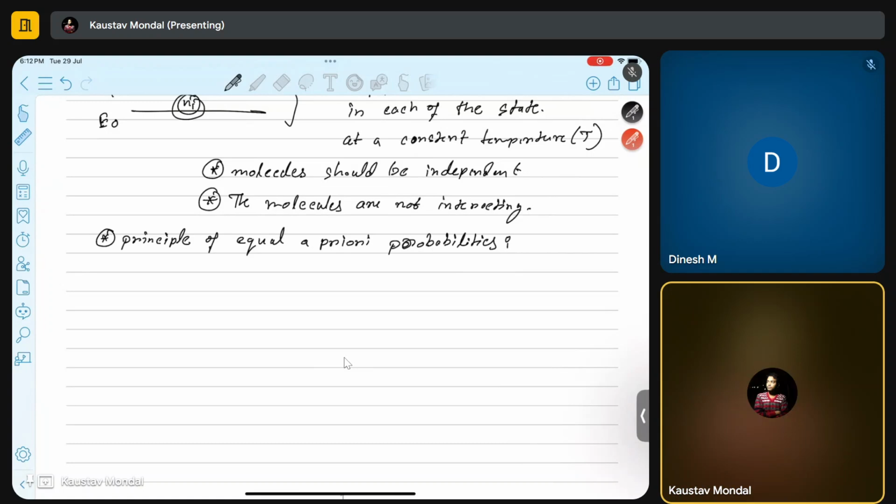This is one of the fundamental principles of classical statistical mechanics.